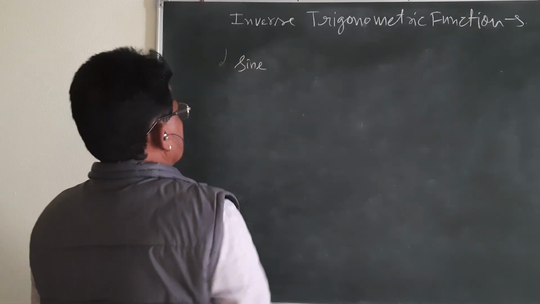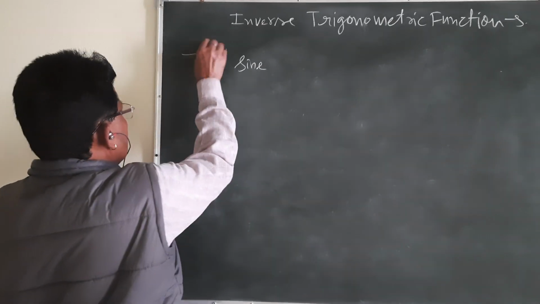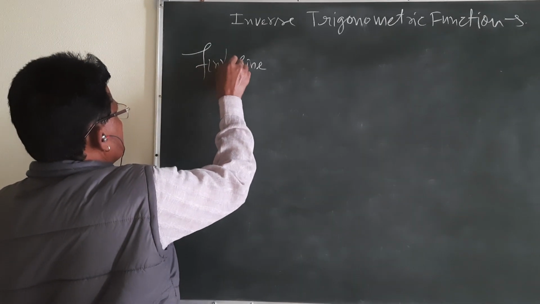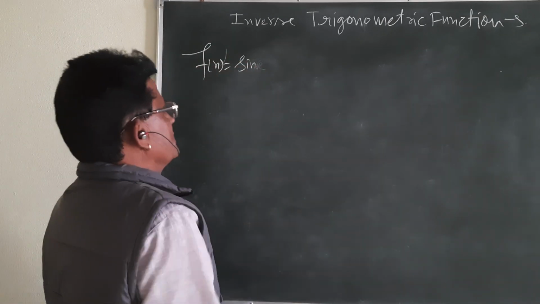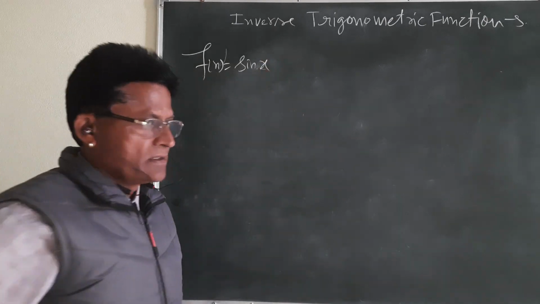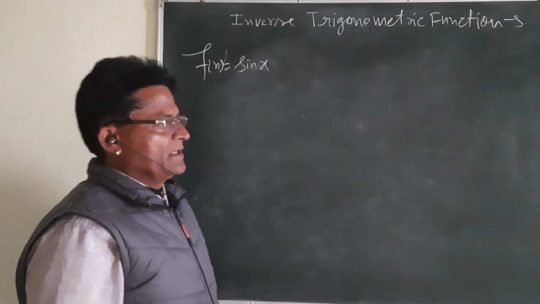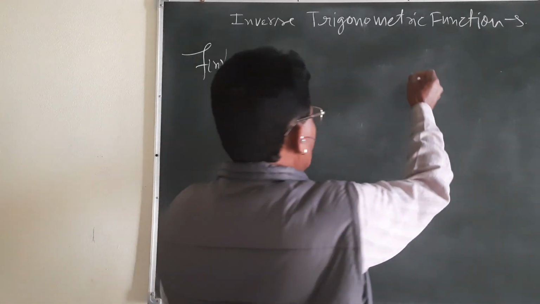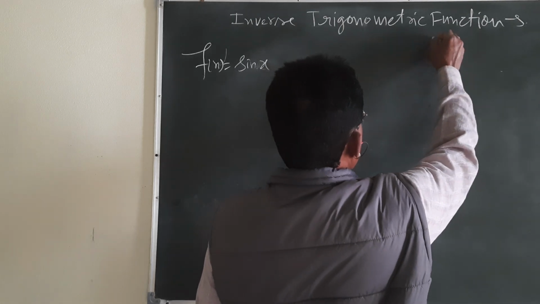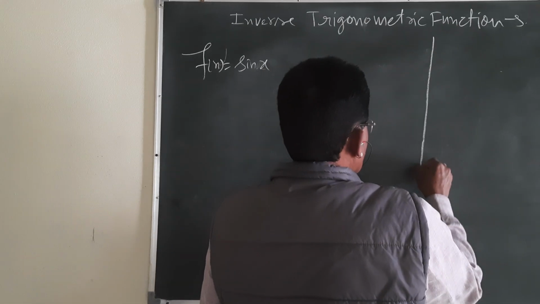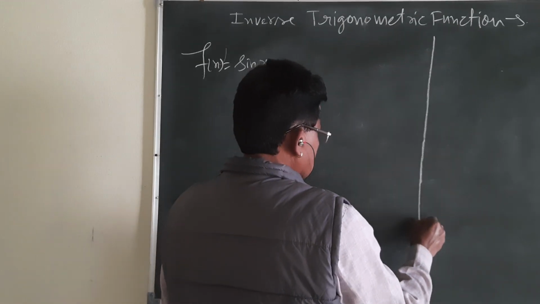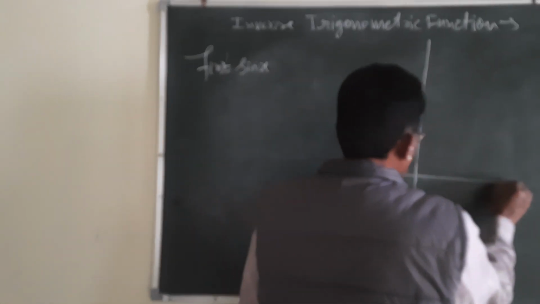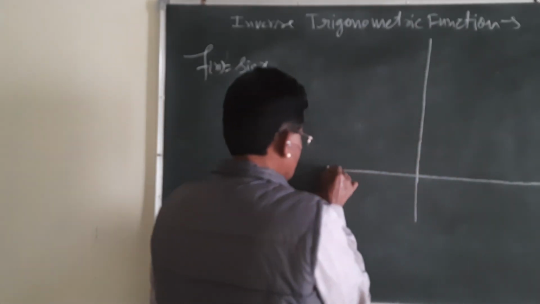Suppose f(x) is sin x, or y is equal to sin x. Let me draw the graph of it first of all and try to understand, because it is very important to understand the concept of it.